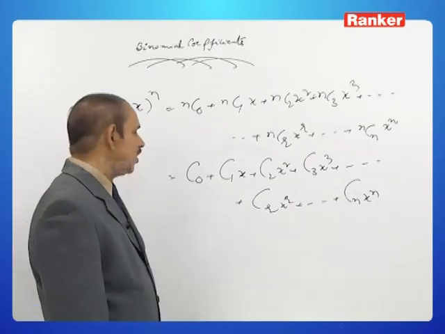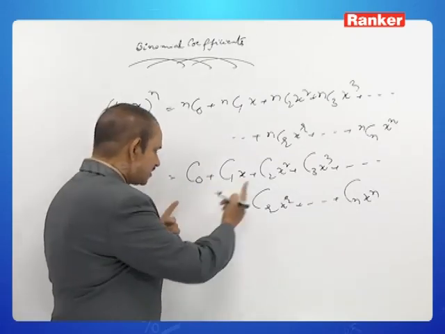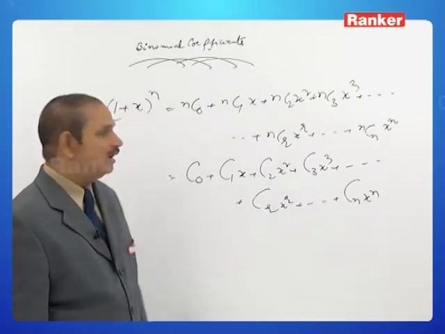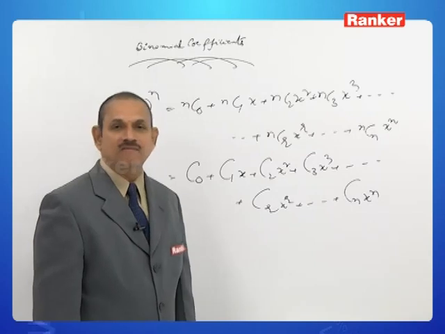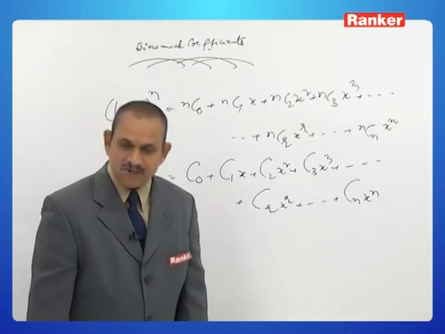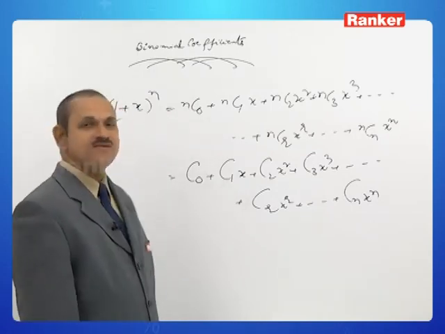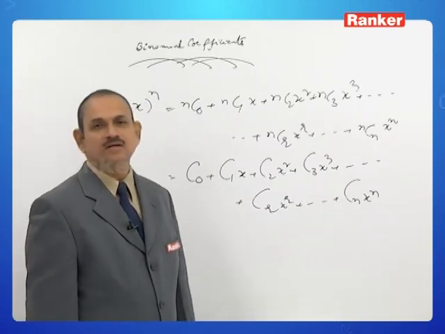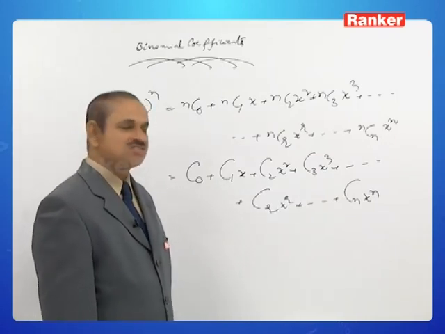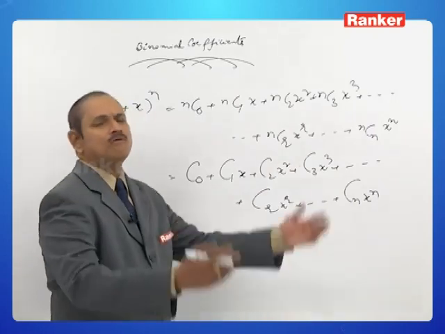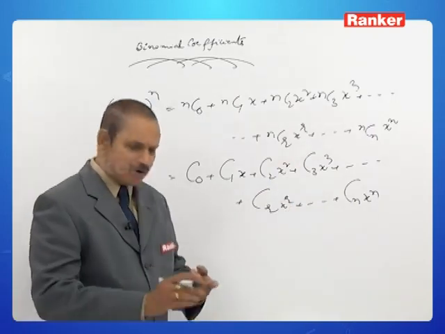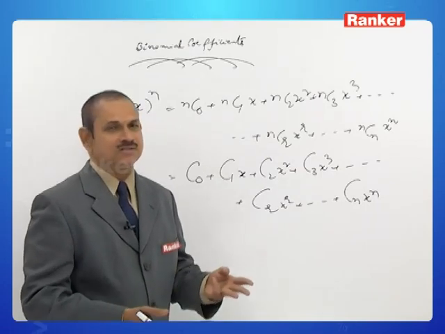As we already know, these coefficients C0, C1, C2, C3 and so on, Cn are termed binomial coefficients. Of special interest is dealing with the properties of these binomial coefficients. There are so many useful and beautiful famous properties.